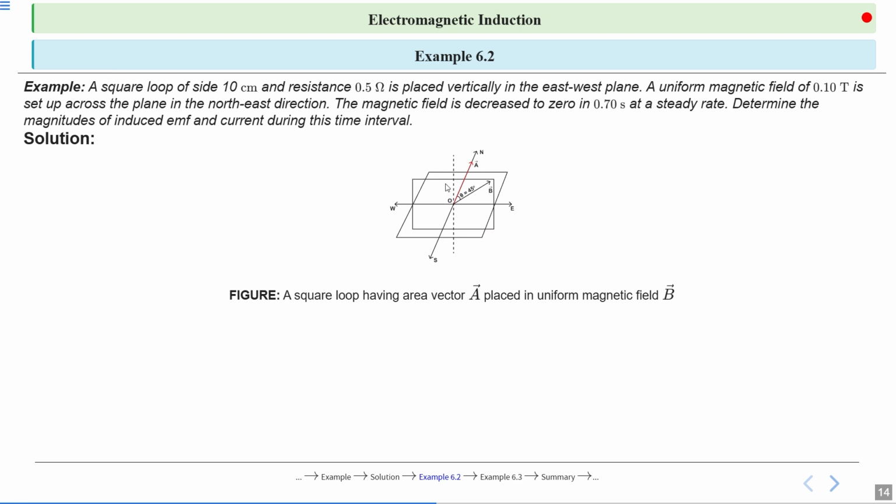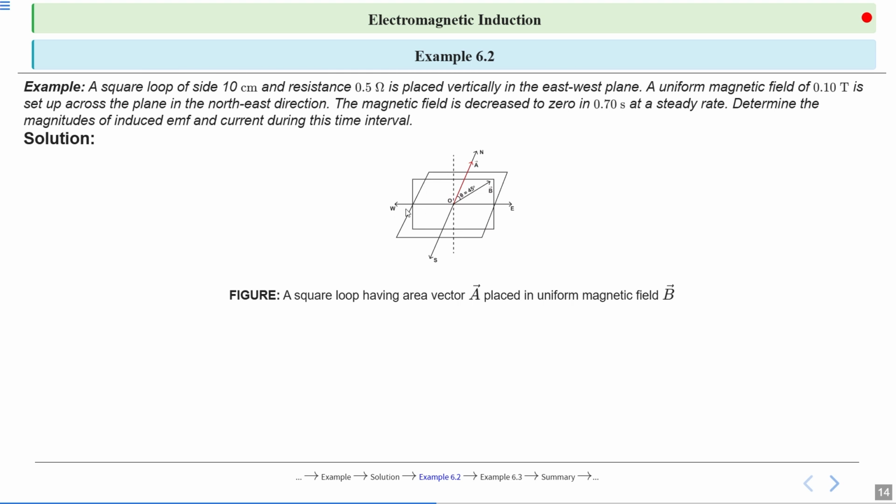Got it? Now this slanted plane is the plane containing the northeast direction. It is parallel to east-west, or we can say containing the direction of magnetic field.